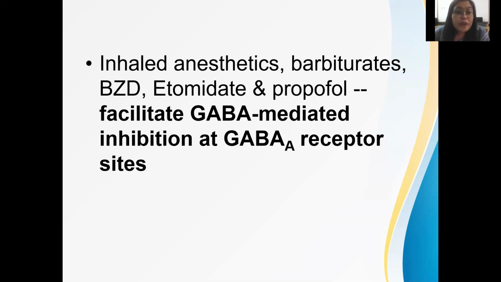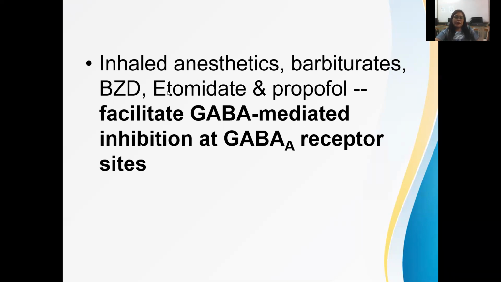So let's talk about the mechanisms of action of our drugs. Mechanisms sa kaidaghan man eh. So take note of this. Our inhaled anesthetics, katong ginagamit nato mag-maintain og anesthesia, our barbiturates and benzodiazepines, ginagamit sila in intravenous form most of the time to induce anesthesia.